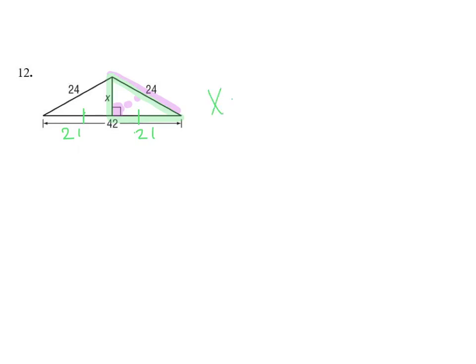Our leg that we're looking for is going to be equal to the square root of our hypotenuse squared minus our bottom leg squared. Go ahead and type that in. And if you want to know how to take the square root without using your calculator, I'm so glad. We are going to be doing that in class next week.